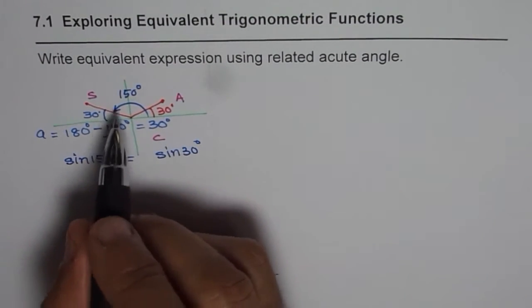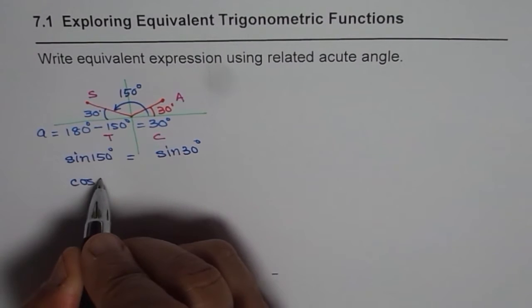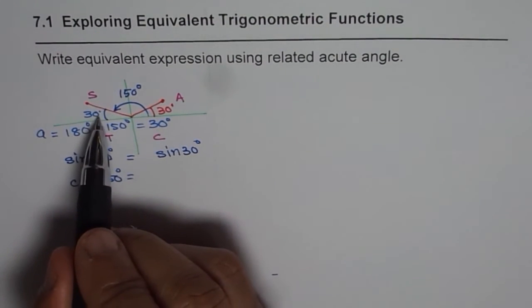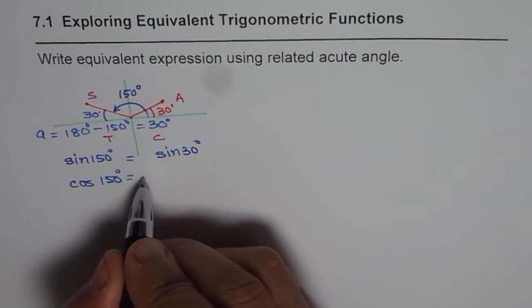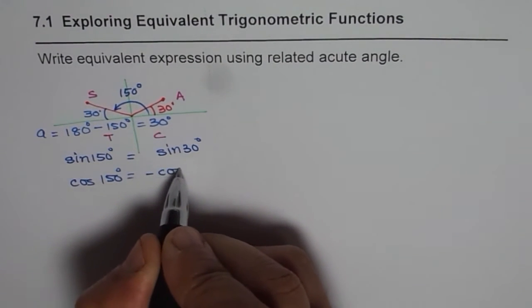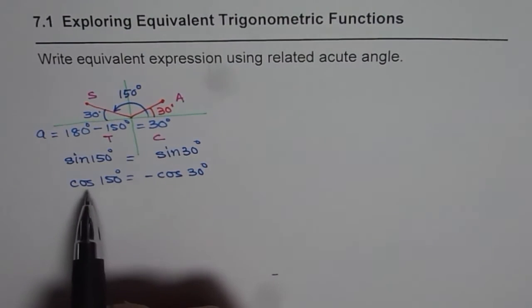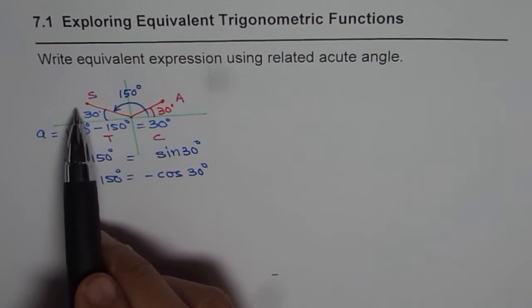However, if we had cosine of 150 degrees, then in terms of related acute angle, that is in terms of 30 degrees, we should have written this as minus cos of 30 degrees. The reason being that cos is negative in quadrant 2.